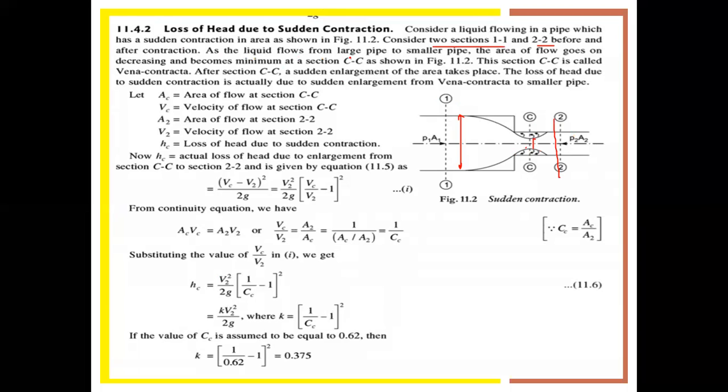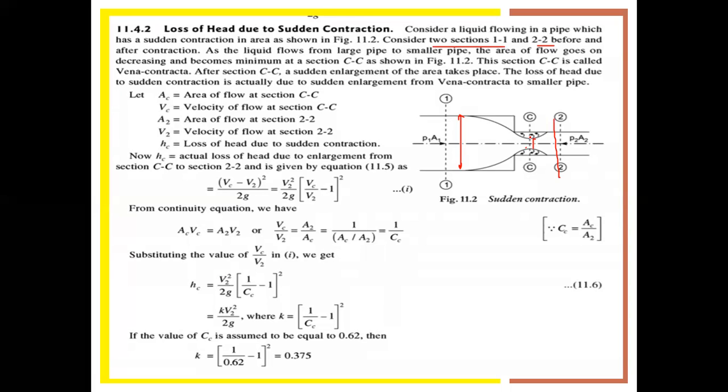As the liquid flows from the large pipe to the small pipe, what happens here? The liquid is flowing from a large pipe to the small pipe. The area of flow goes on decreasing and becomes minimum at the section CC. So whenever it is traveling from section 1 and going slowly in the direction, at a certain point, that is CC, the contraction starts taking place.